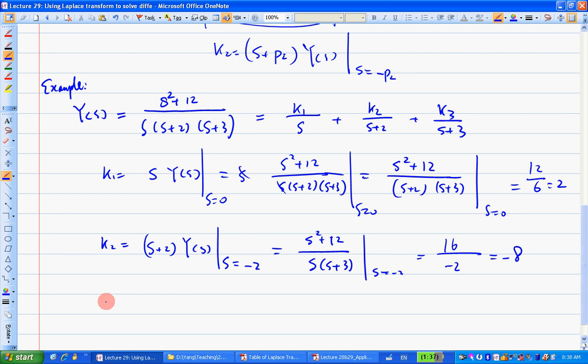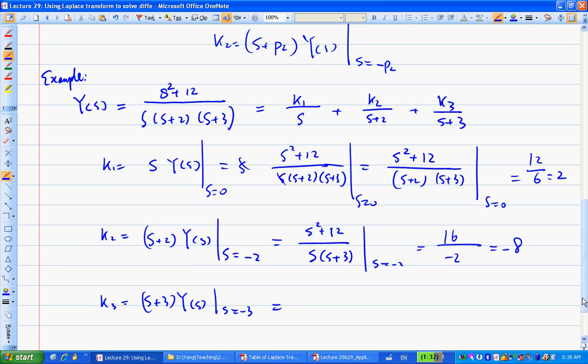Okay, similarly, similar to this step here. s equal to negative 3 into it, 9, 21, 21 over 3, yes, 7. Excellent.